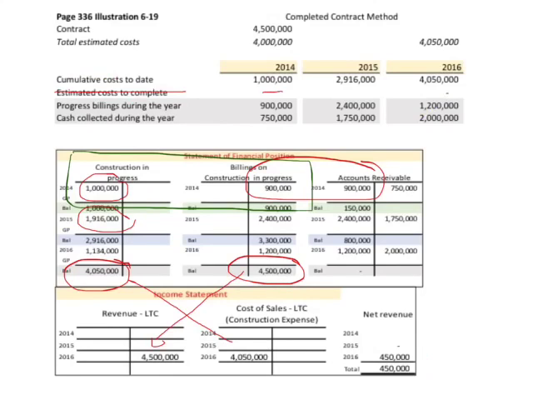So when the construction contract is complete, at that point, the total amount hits the income statement, and we show the net revenue. Now you probably remember that that's exactly the same gross profit or net revenue as under the percentage of completion. The difference is it's all reported in the final year. Those are the differences.